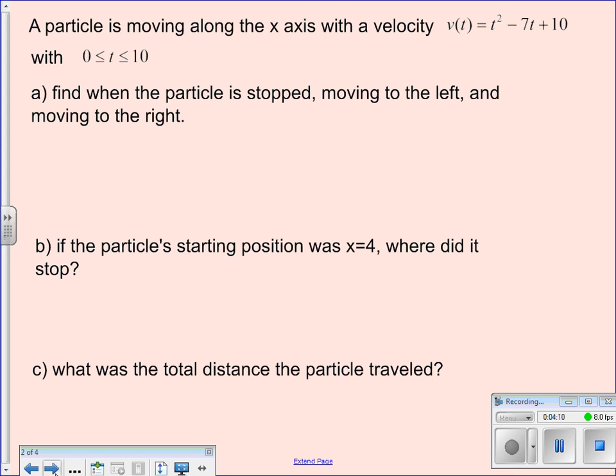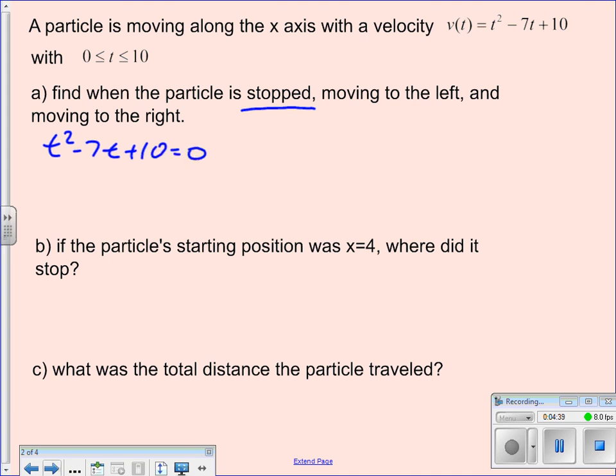They love questions about rectilinear motion because you can ask lots of things. This is some of the basics that they do. They say, find when it is stopped, moving to the left and moving to the right. Well, that's easy enough. When the particle is stopped, what does that mean? Its velocity is 0. So t squared minus 7t plus 10 equals 0.